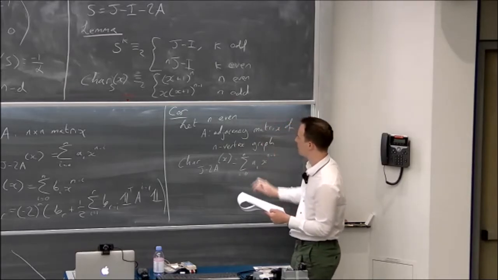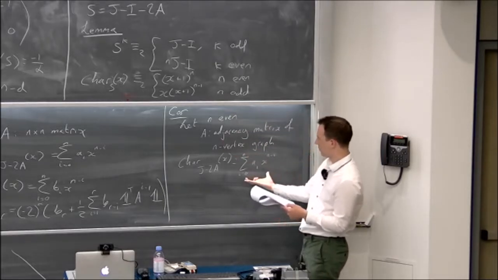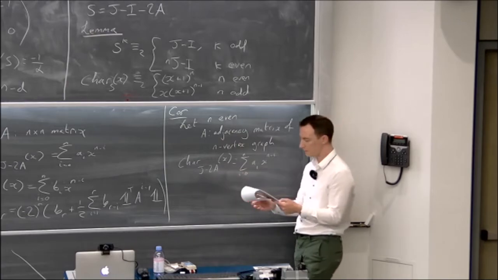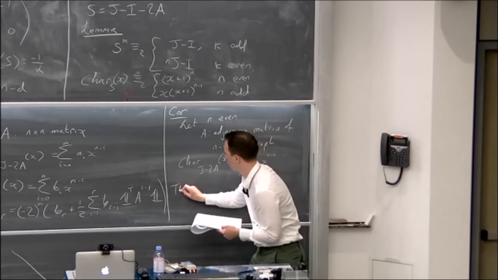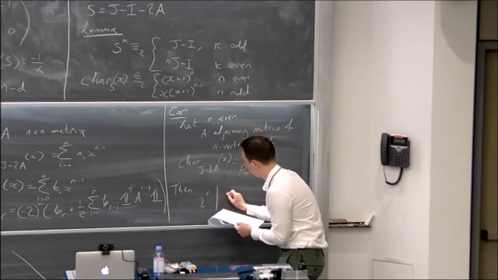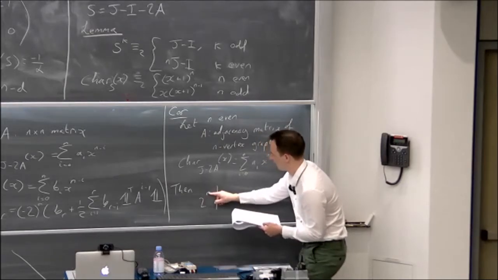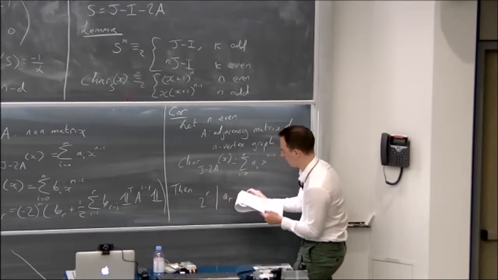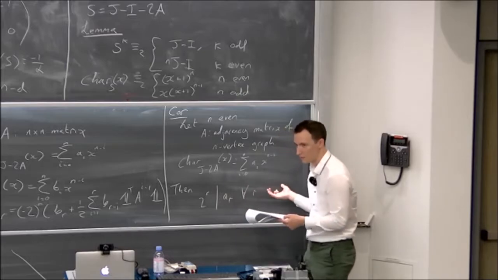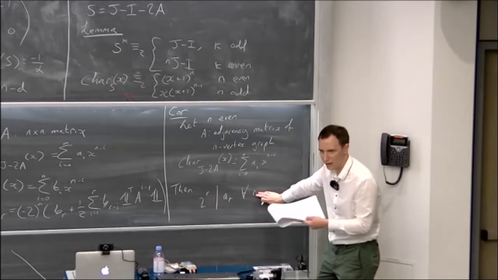So this is our setup. We have n is even, A is the adjacency matrix of an n vertex graph, and this is the characteristic polynomial of j minus 2a. And the conclusion is that 2 to the r divides the rth coefficient, so 2 to the r divides a sub r, for all r going from 0 to n.